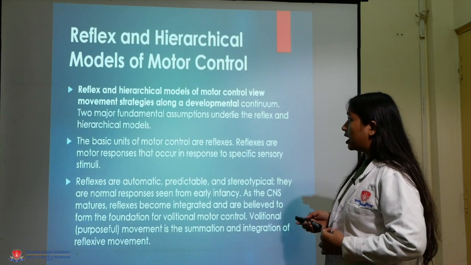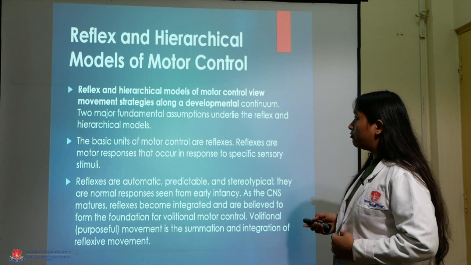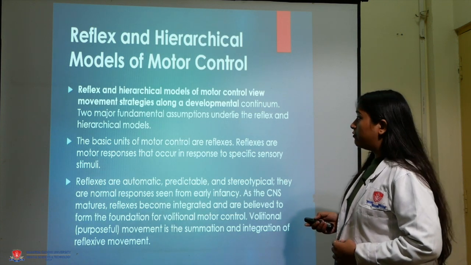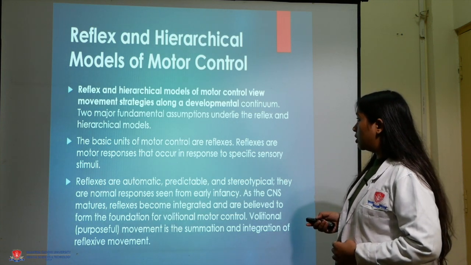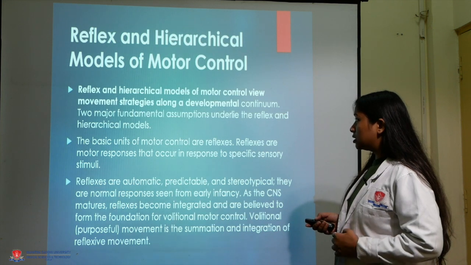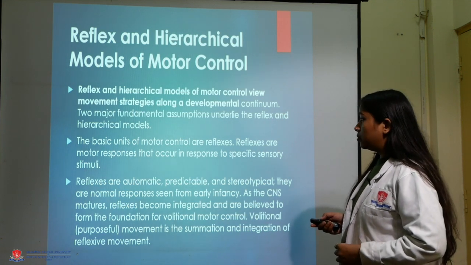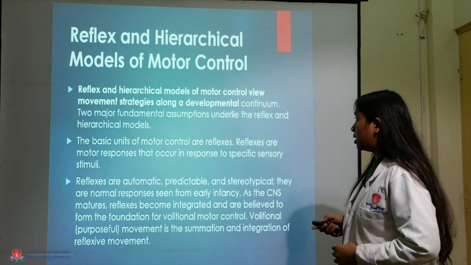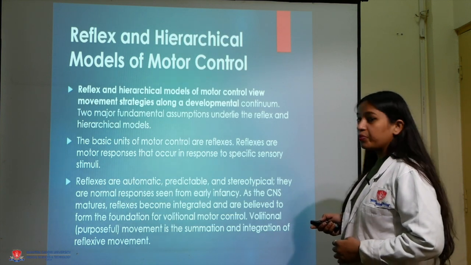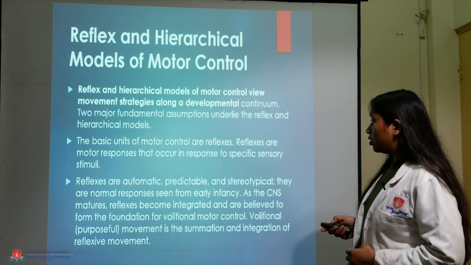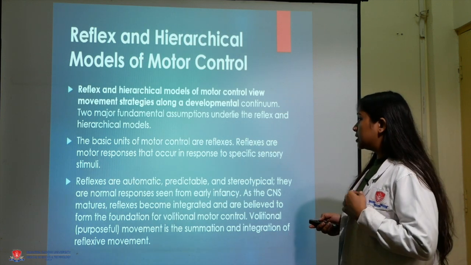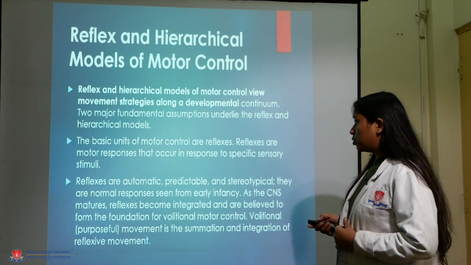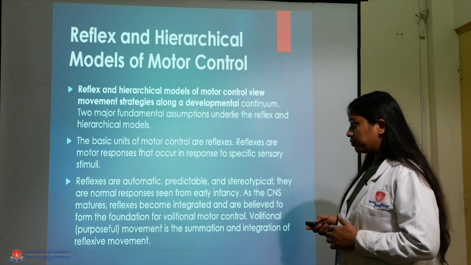So next is the reflex and hierarchical model of motor control. Reflex and hierarchical models of motor control view movement strategies along a developmental continuum. Two major fundamental assumptions underlie this model. The basic units of motor control are reflexes. Reflexes are motor responses that occur in response to specific sensory stimuli.